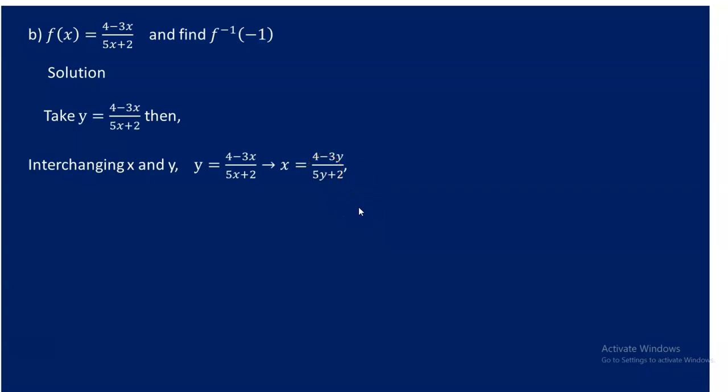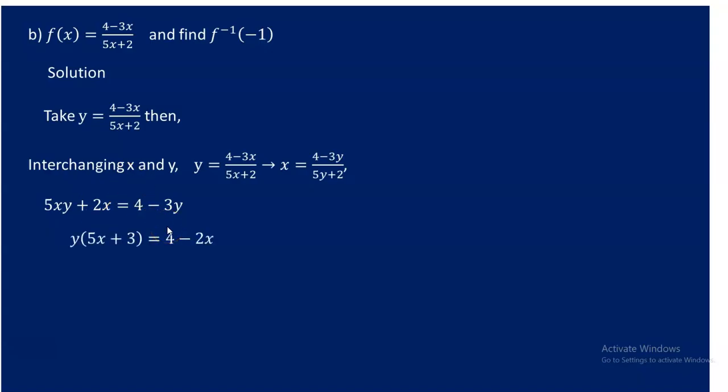The next task is to write y in terms of x. To have y on one side, you need to apply crisscross multiplication. As you apply crisscross multiplication, this gives 5xy plus 2x equal to 4 minus 3y, because it's understood there is 1 here. Now collect like terms together, those y's together, please. Bring this minus 3y to the left and take 2x to the right.